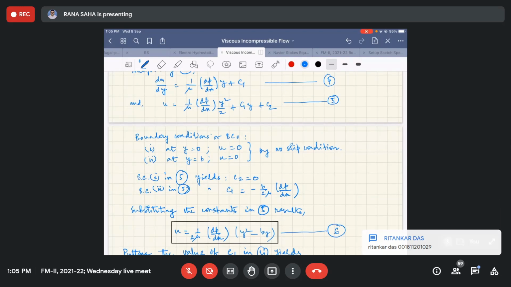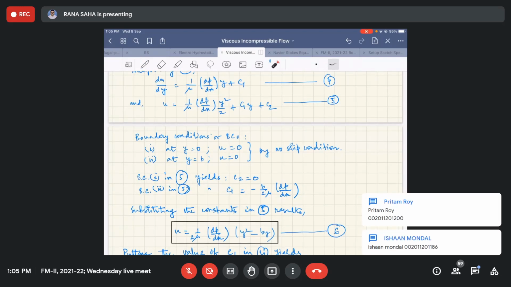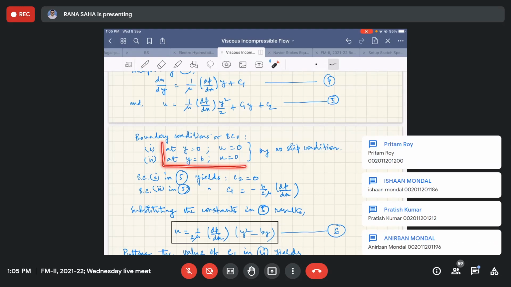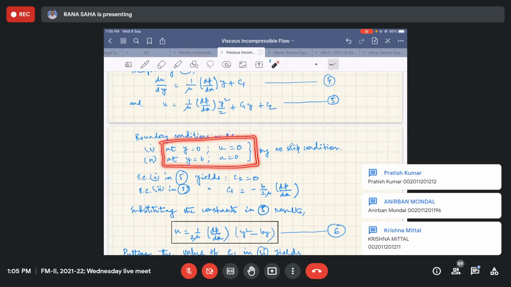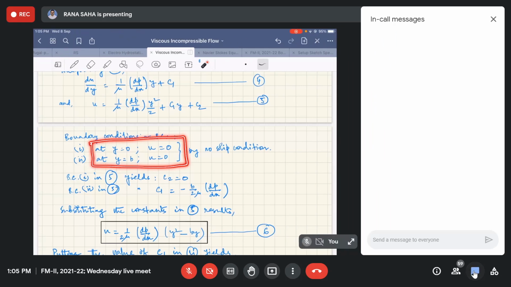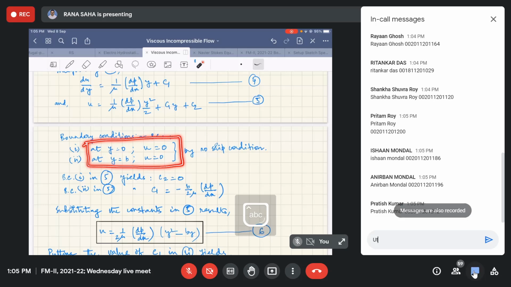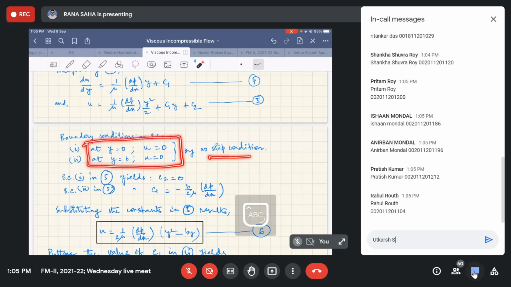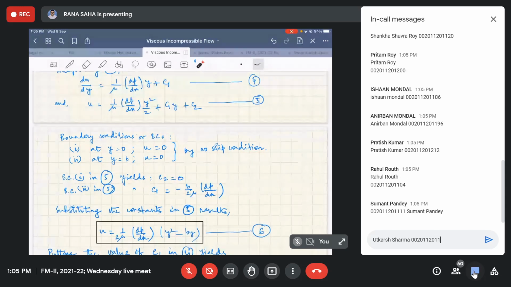One can notice that these are the two boundary conditions. At y equals 0 we have u equals 0, and at y equals b we have u equals 0, because of the no slip condition.